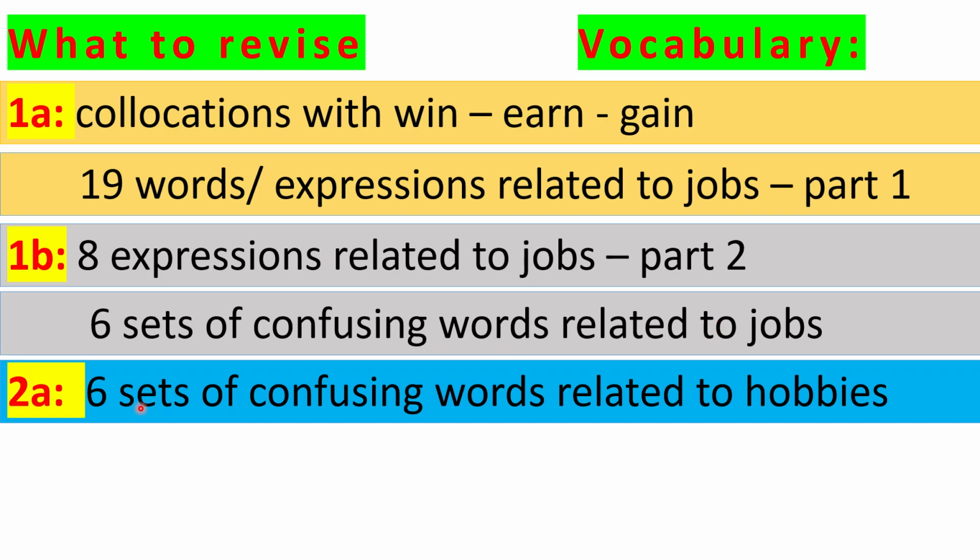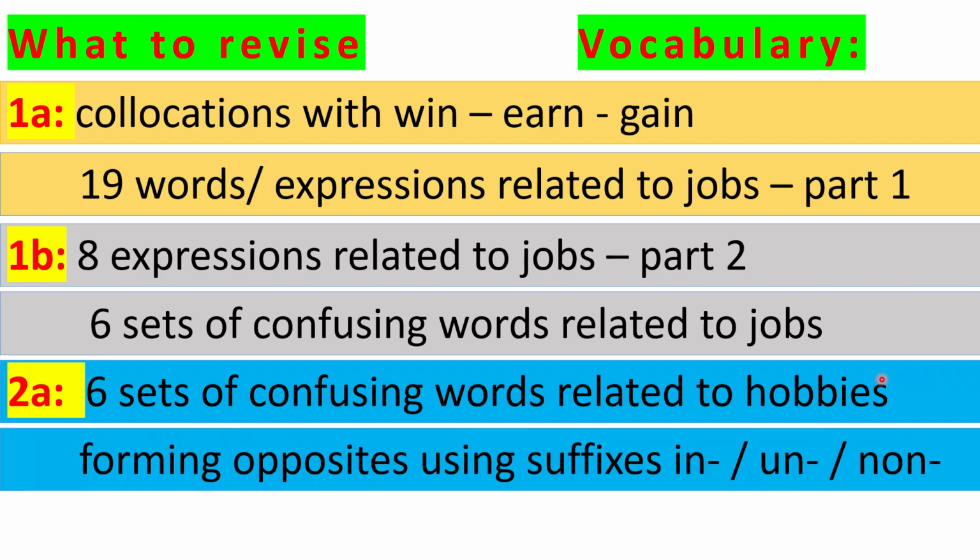Now, in Unit 2, we saw 6 sets of confusing words related to hobbies and forming opposites using suffixes in, an, and none. And all of that will be out of 3 marks in the vocabulary exam.